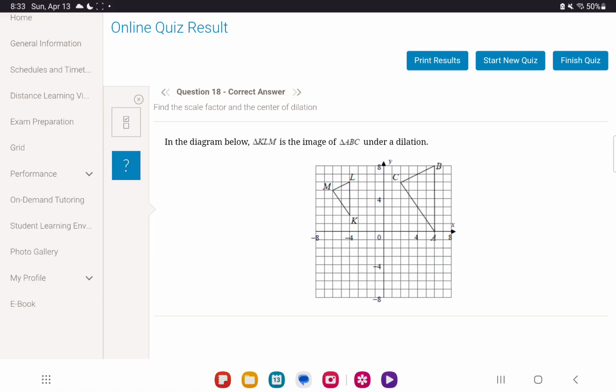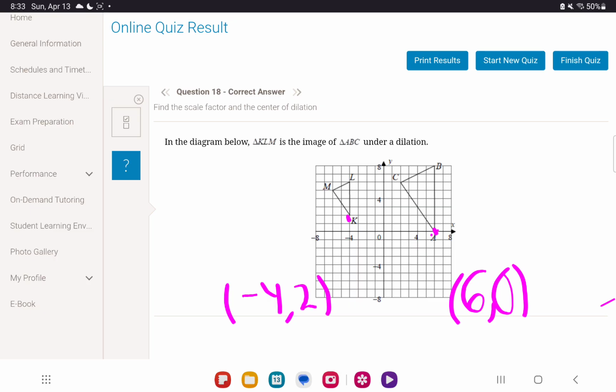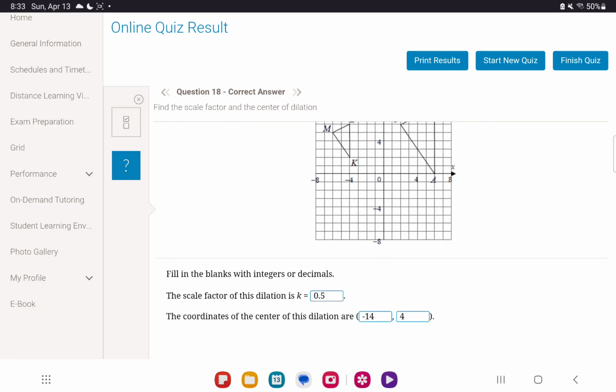So that's our y prime and x prime, and this is our x and y, the normal ones, okay? Now let's take any point out of the two. I'll take A and K, okay? A is at 6, 0, and K is at minus 4, 2. Okay, I'll take these points now. Now let's solve that one.